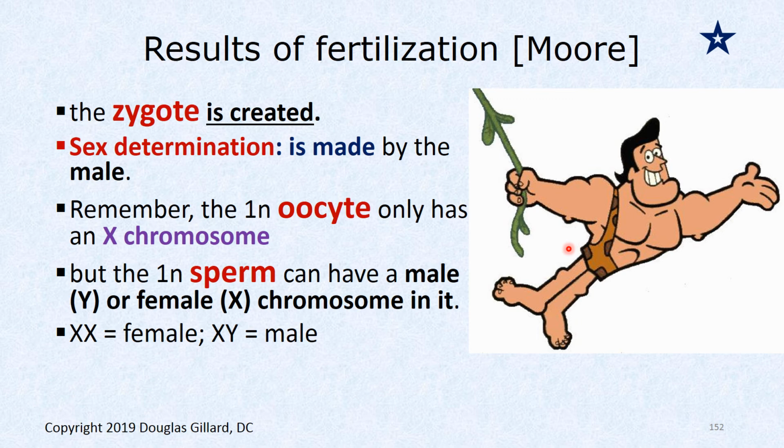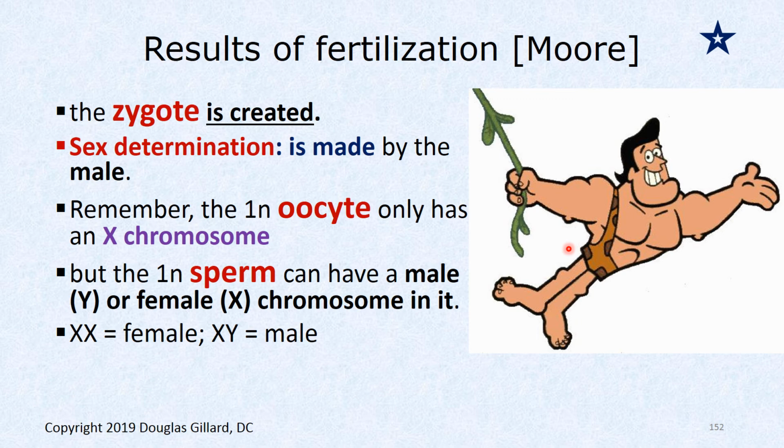Sex is determined, right? The male determines sex. We probably know that in junior high by now, but the male is the one that determines the sex because the oocyte only has an X chromosome in it. That's its sex chromosome. It has to be X. But the male can have an X or a Y chromosome in it.